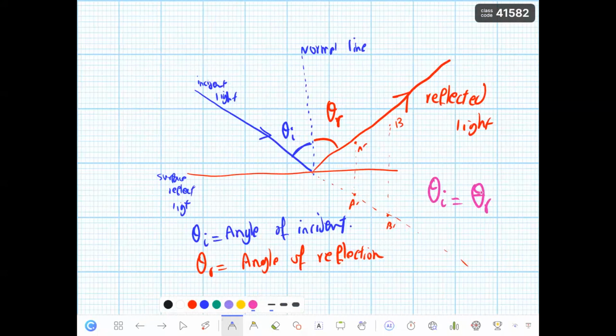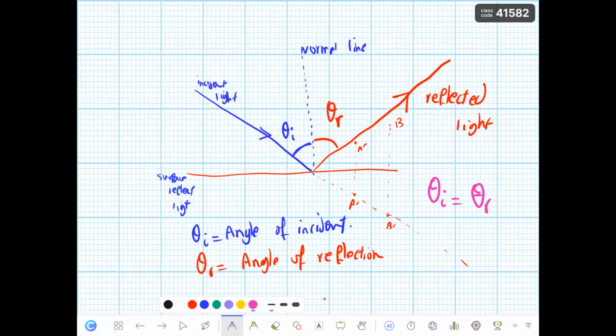So we need to define a normal line. The normal line is always perpendicular to the plane surface. By having the normal line, we can find the angle of incident light. We find the angle between the normal line and the incident light, and whatever the angle is, the reflected is going to be the same angle.